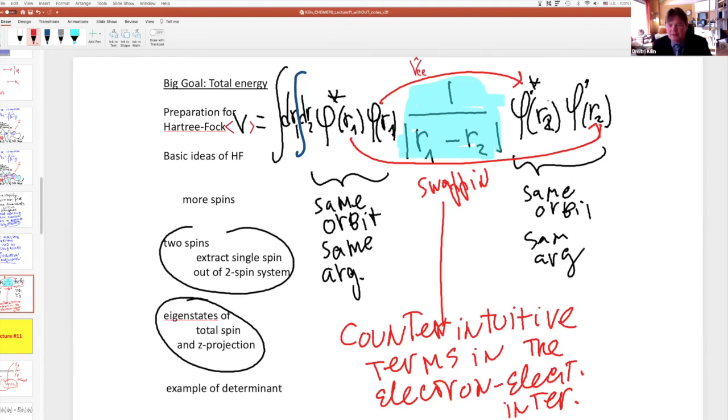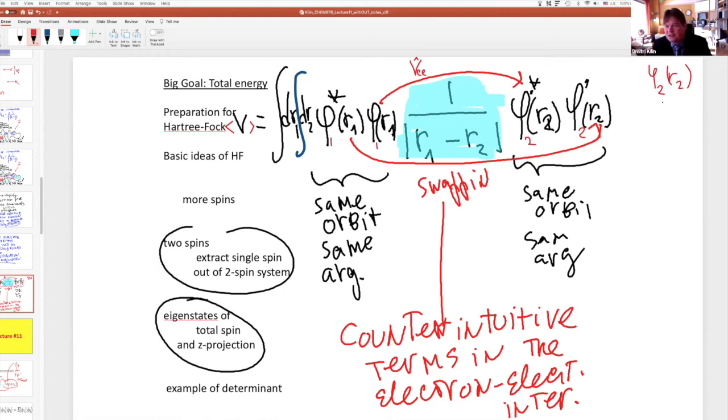Now, phi of R2, and probably we need to have indices, otherwise it will not be literally correct. So phi 2 of R2 is the wave function of the second electron. Phi 1 of R1 is the wave function of the first electron, right?